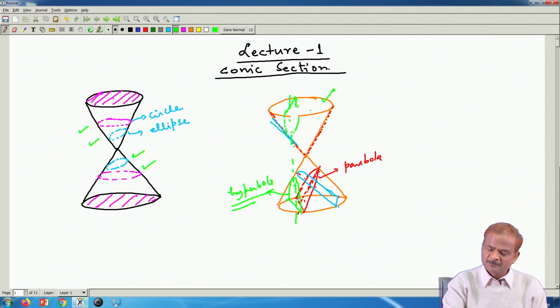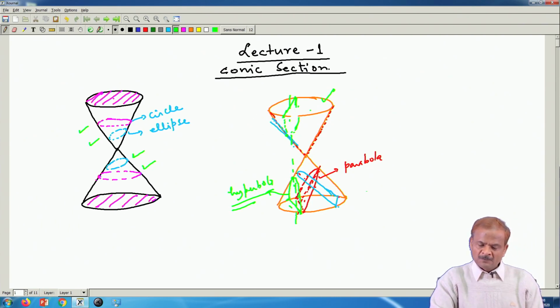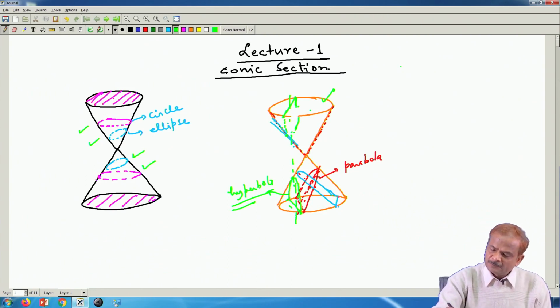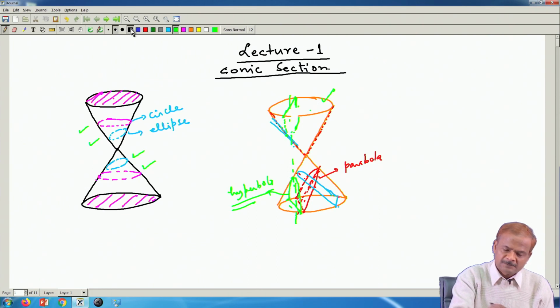But in the case of the hyperbola you are getting it here and here, in both places, by the same plane. With this brief introduction, let us go into how we define the conic section.